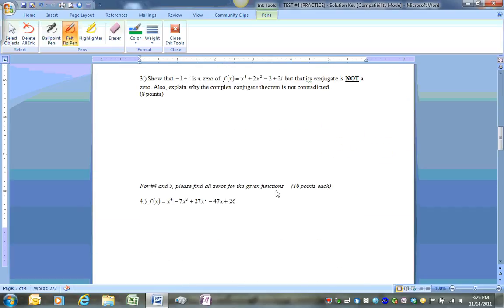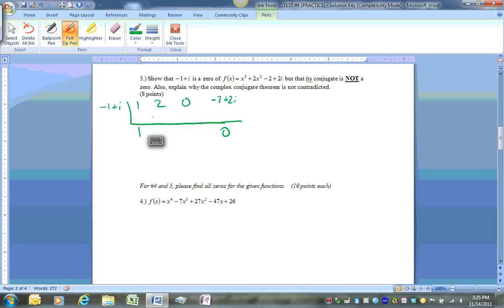Number 3, you're asked to show negative 1 plus i is a zero, but its conjugate is not, and then explain. So here I have 1, 2, no x term, and then negative 2 plus 2i. Let's first try negative 1 plus i. We expect it to be 0 here because that's part of the factor theorem.